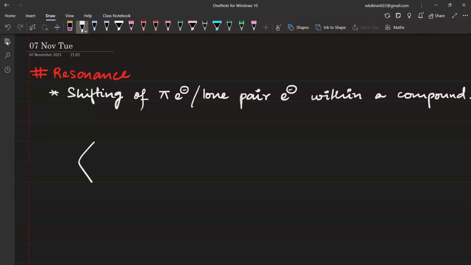So take example of benzene. Now in benzene we have alternate double and single bonds like this. Now each of these carbon atoms will also have a hydrogen atom.